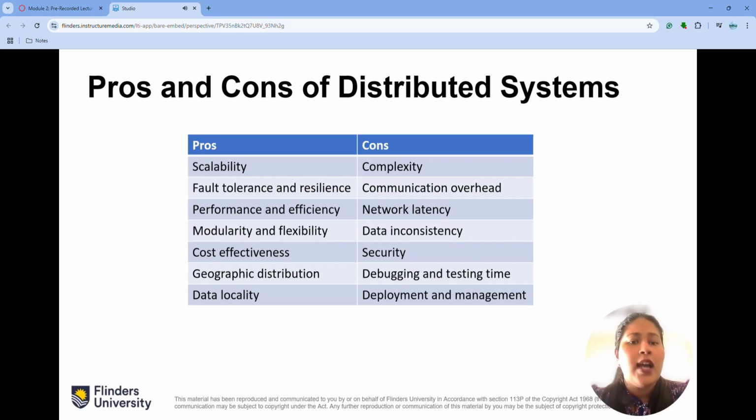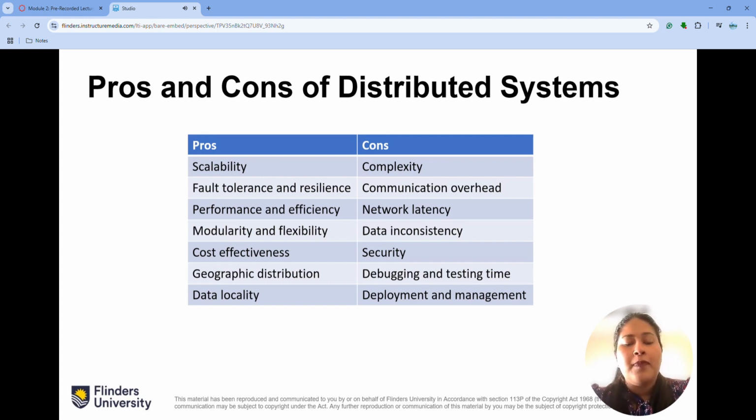However, distributed architectures also come with challenges such as increased complexity in management, security, and data consistency. So coordinating and synchronizing data across multiple nodes can be difficult, leading to potential issues with consistency and latency.